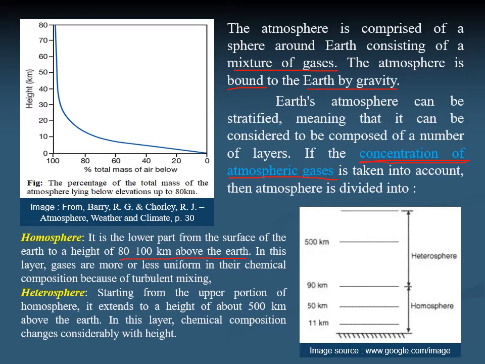So at 50 kilometers from the Earth's surface, what you get as the proportion of atmospheric gases, at 70 kilometers from the Earth's surface you will get the same proportion. Now this constant or uniform proportion of atmospheric gases up to the level of about 100 kilometers is mainly occurring due to turbulent mixing, and this layer of the atmosphere is known as homosphere, as homo means equal.